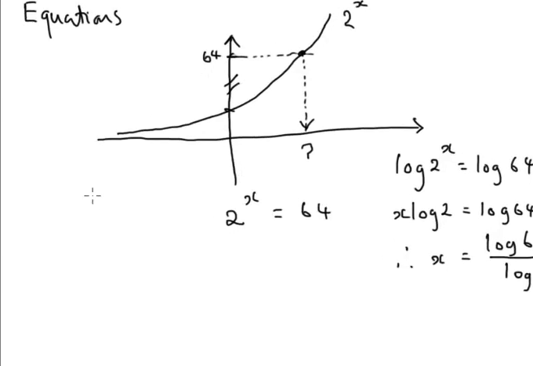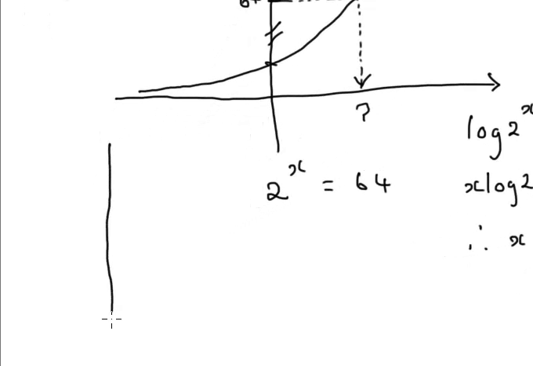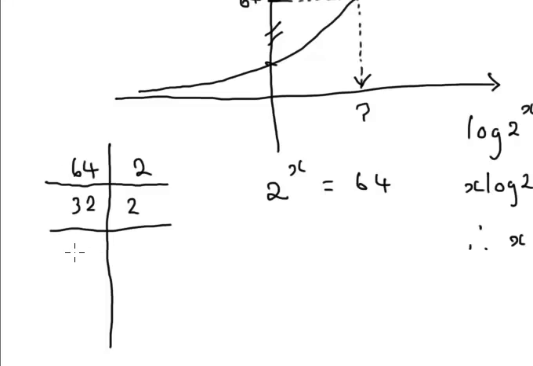The other way is this one. The famous cross can be used in mathematics. 64, the base is 2. I divide by 2, I get 32. I divide by 2, I get 16. I divide by 2, I get 8.